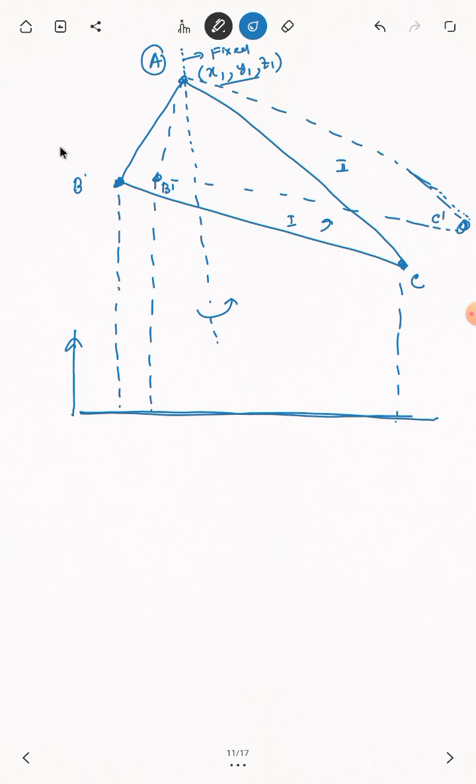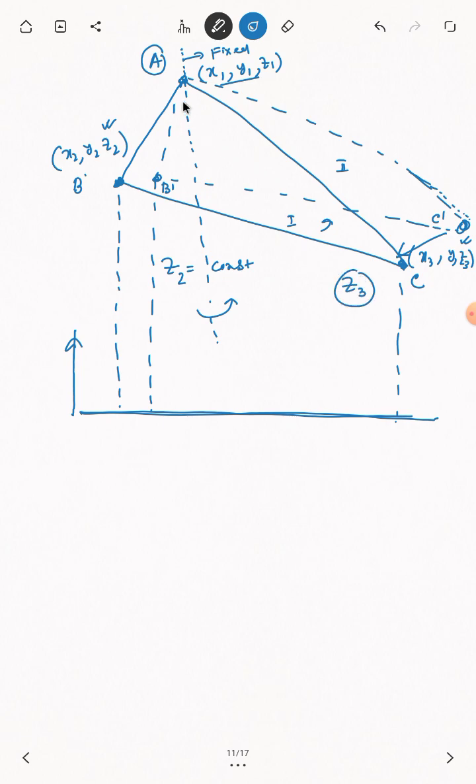So if the coordinates of B and C were initially x2, y2, z2 and x3, y3, z3, when it goes to the second position B dash C dash, then that vertical height z2 and z3 will remain the same. This z2 should be constant, and here z3 should be constant.